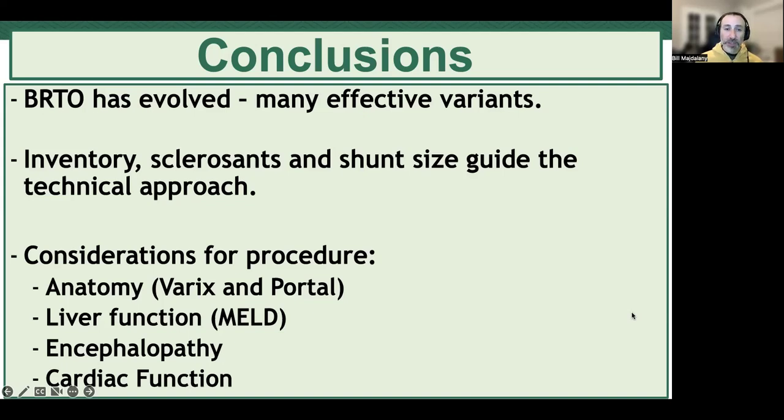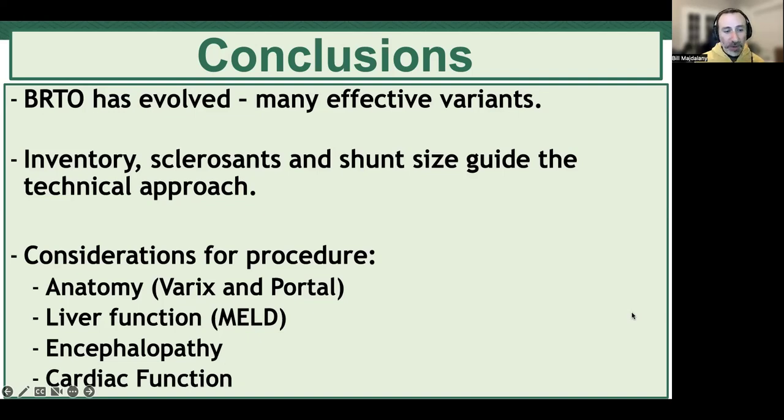There are sclerosants that are also not available in the US that would also be effective. And the shunt size itself really can guide the technical approach, but ultimately there's a way to do it irrespective of the balloons if necessary, but understanding what inventory you have and matching it to the shunt will necessarily lead to the technical approach that you want to use.